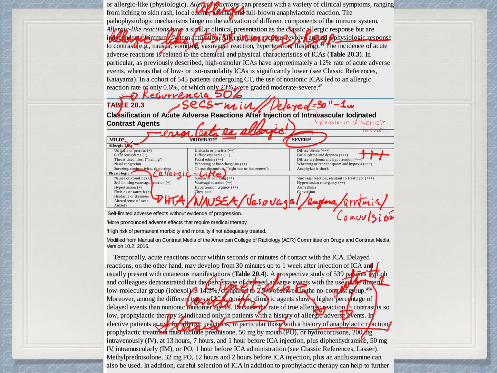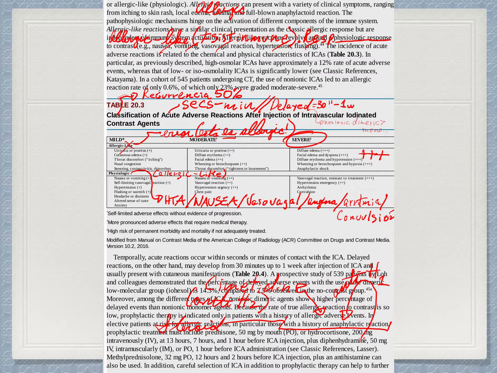There is no hypersensitivity in this. This is a physiologic reaction where you can see different manifestations. You will grade from mild to severe. What will you see here? Hypertension, nausea and vomiting, vasovagal symptoms or signs, angina, arrhythmias, and convulsions.